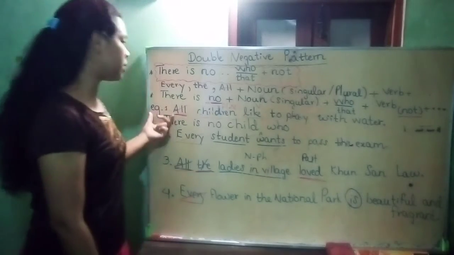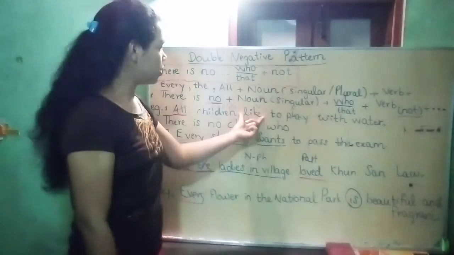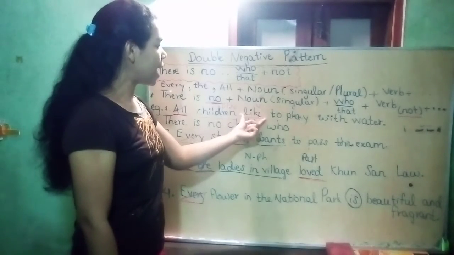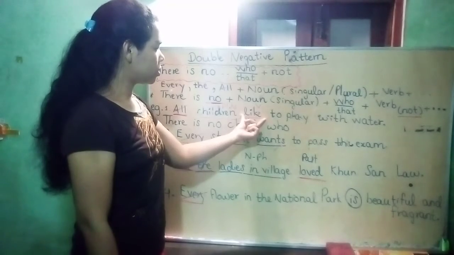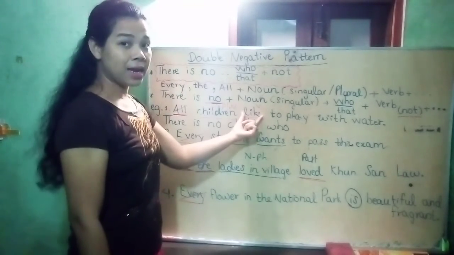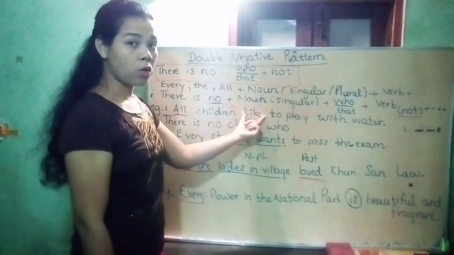So in this example 1, you will see like. Like is the present tense form, and there is no s at the end of like. So the verb is plural form.